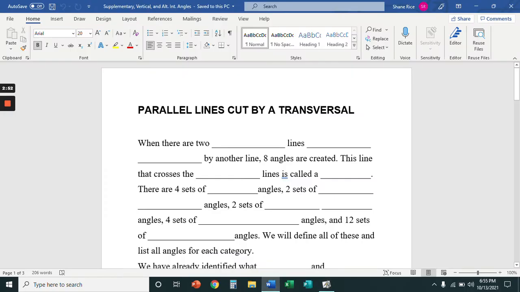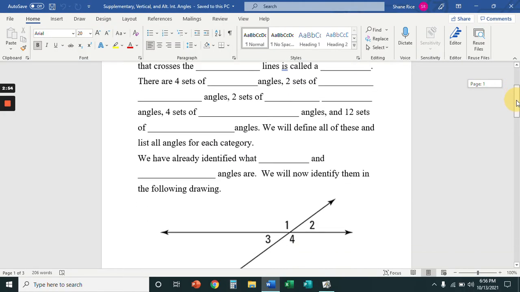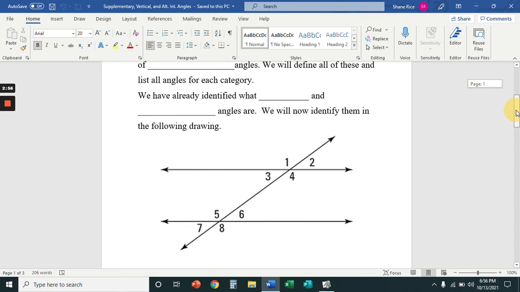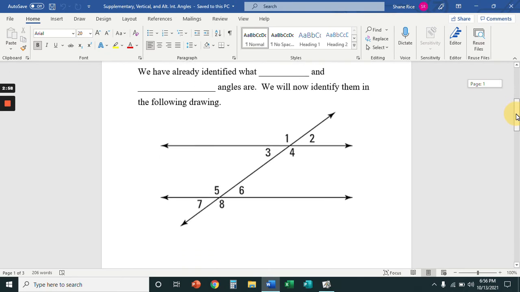So let me scroll down a little bit and we're going to define all of them and list all angles for each category. But tonight we're just going to start the supplementary angle list. We know how to define the vertical angles and then we're going to talk about alternate interior angles.